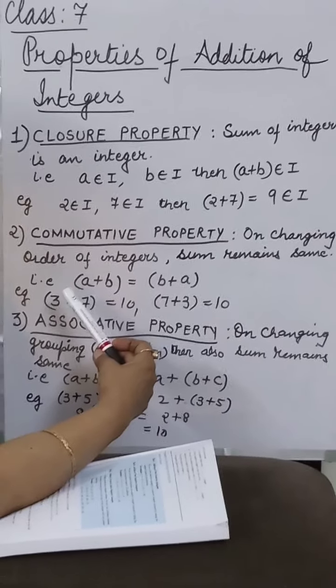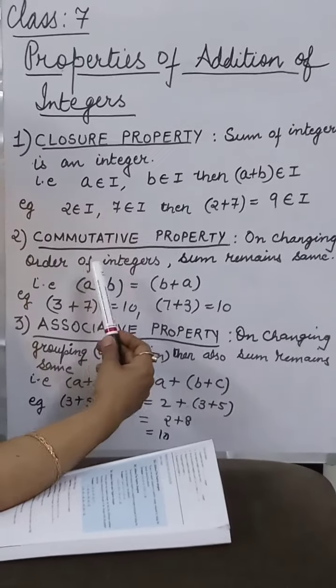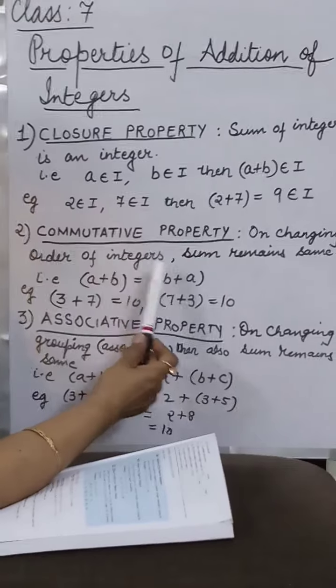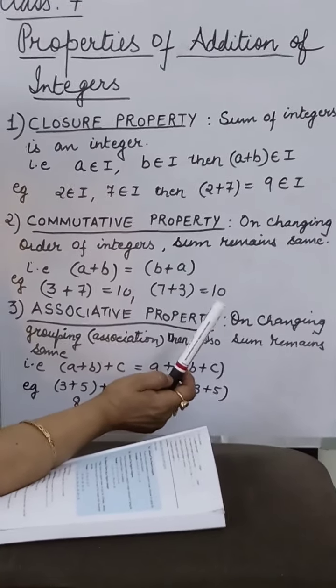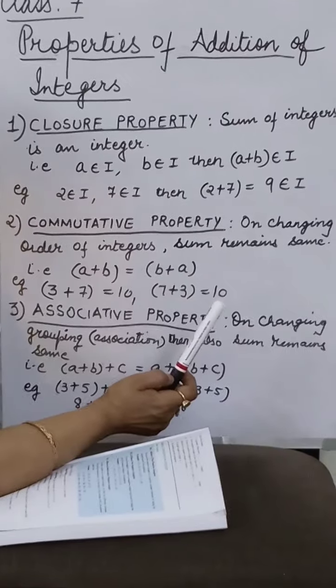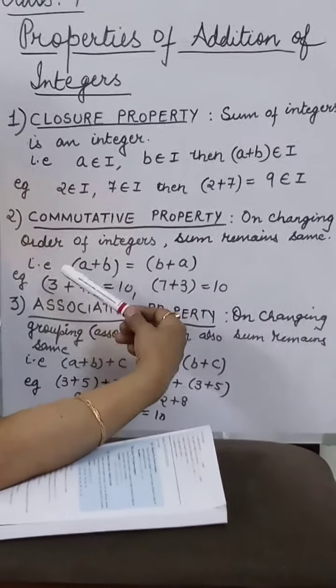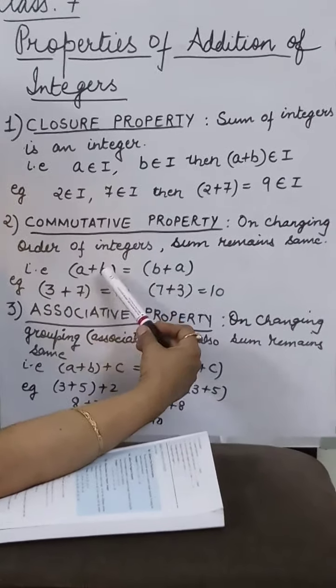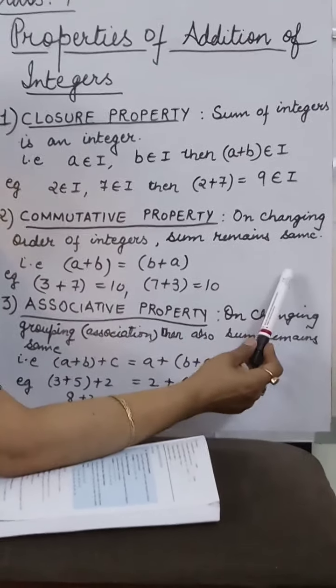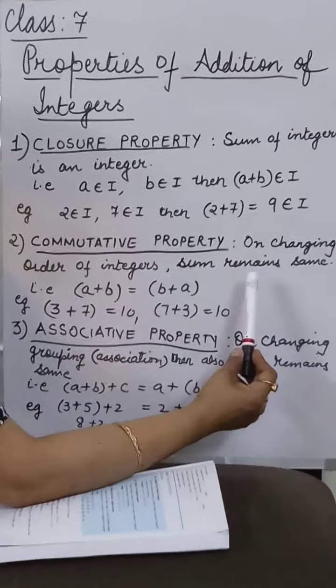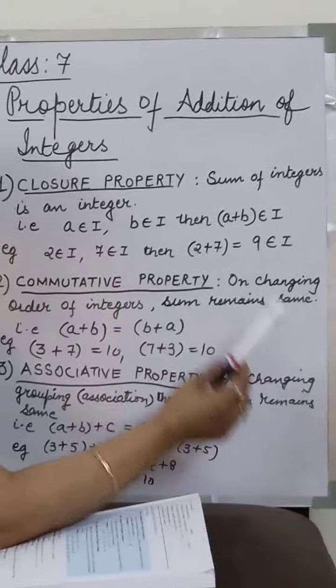closure property. We come to the second property, that is commutative property. What does the word commutative mean, and what does this property mean? They are saying on changing. Commutative means on changing the order of integers, the sum remains the same. We are changing the order of the numbers.